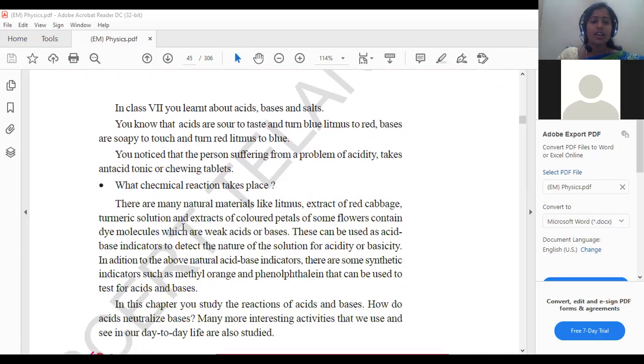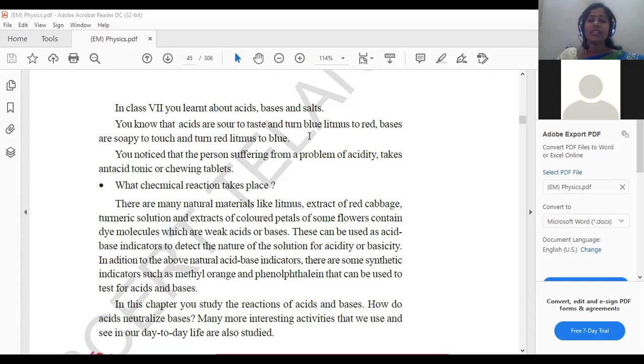Okay, so now let us see the introduction to this unit. In 7th standard, acid, base, and salt concepts were already introduced to you. Here we are going to extend that topic in detail. First, we are going to identify acids and bases by using the litmus test.